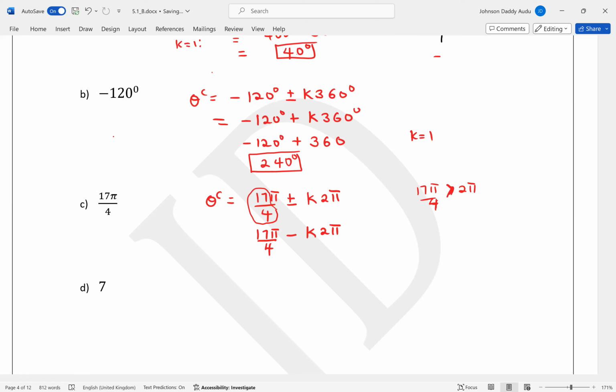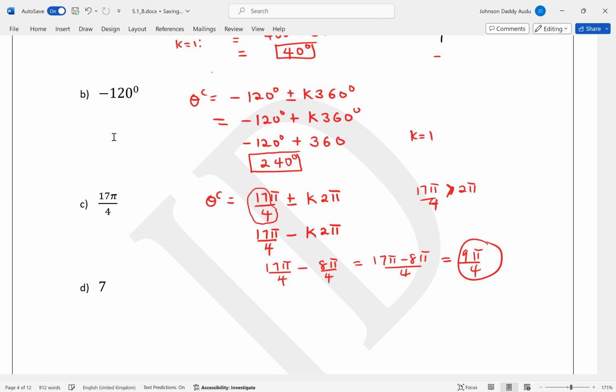Try k to be 1: it becomes 17 pi over 4 minus 2 pi. 2 pi is the same thing as 8 pi over 4. So this will give us 17 pi over 4 minus 8 pi over 4, which is 9 pi over 4.